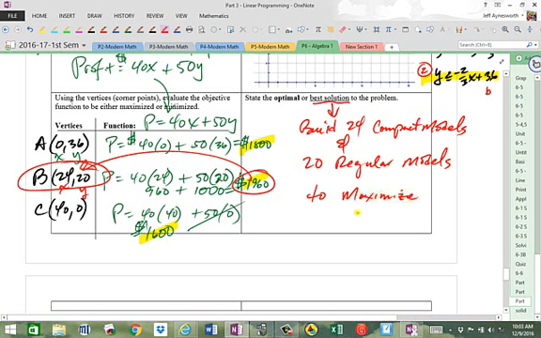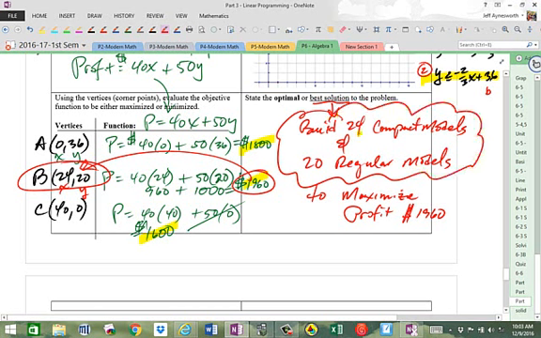So the best solution is to build the models in this format, 24 compact and 20 regular, in order to obtain the maximum profit.